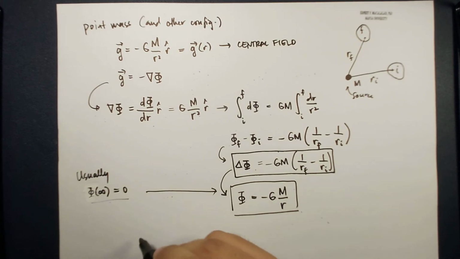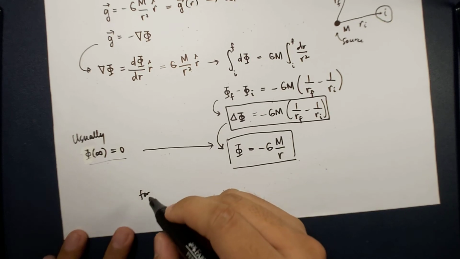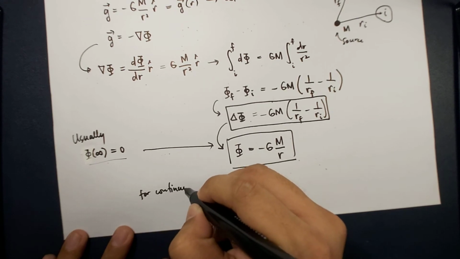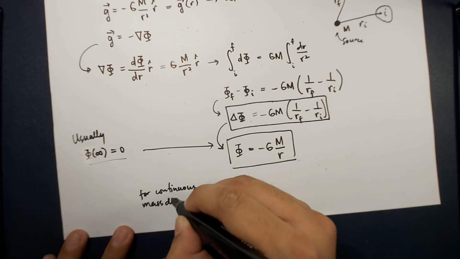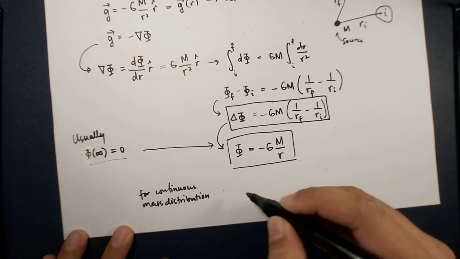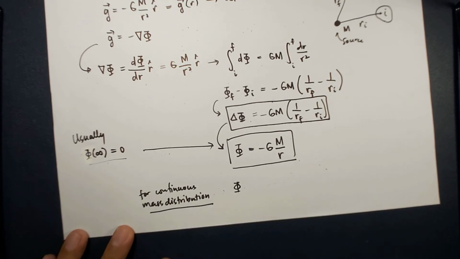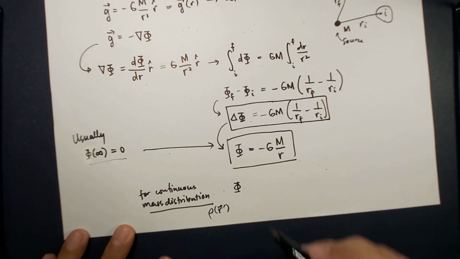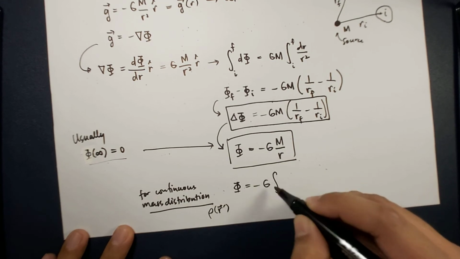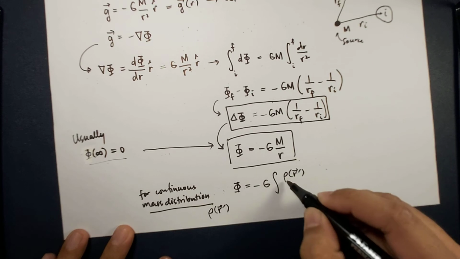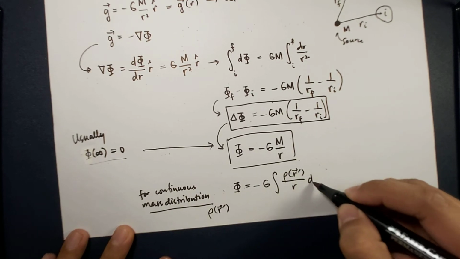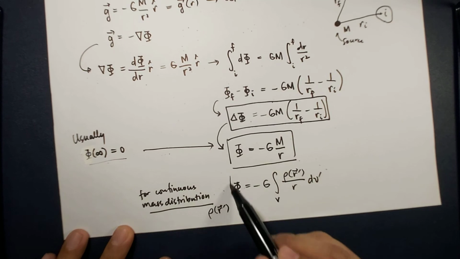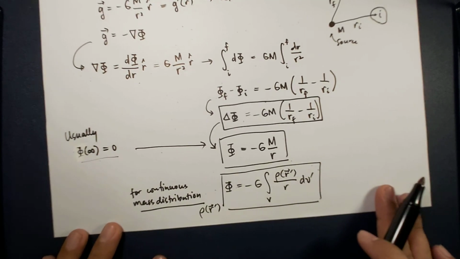Similarly, for a continuous mass distribution, the potential defined by your density, which can be a function of position, is equal to negative G times the integral of rho of r prime over r dV prime, and the integral happens throughout the whole volume.